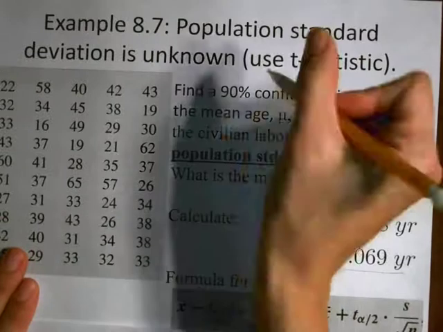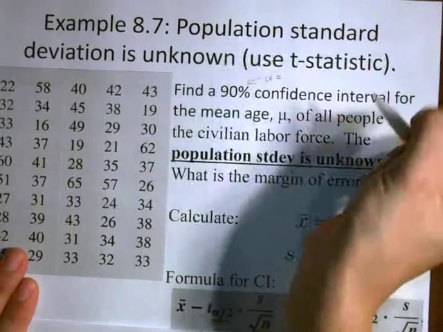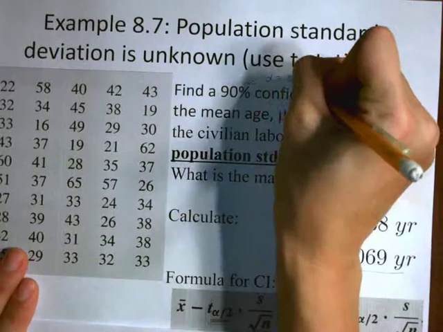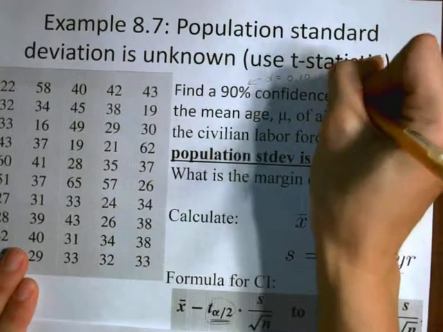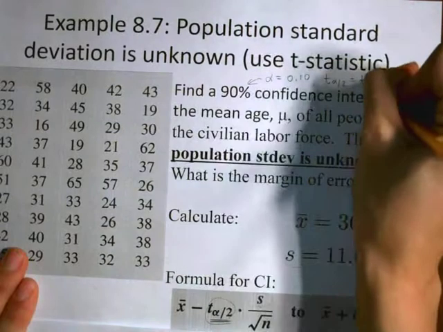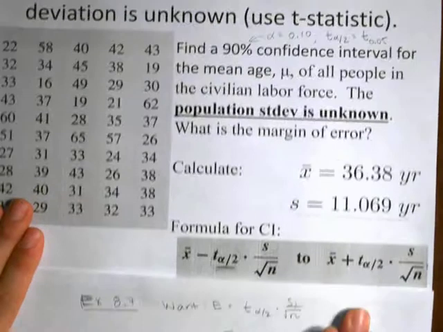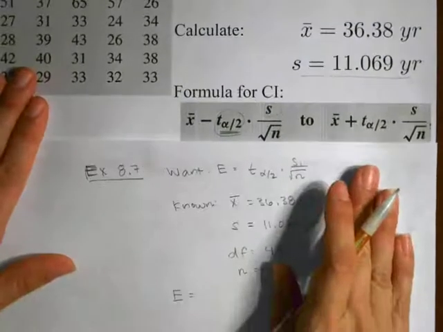Okay, so we're ready to calculate that E is t of alpha divided by 2. Come back up here. We are looking for a 90% confidence interval. So alpha is 1 minus 0.9. Alpha is 0.10, which means that t of alpha divided by 2 is t of 0.05, half of 0.1.